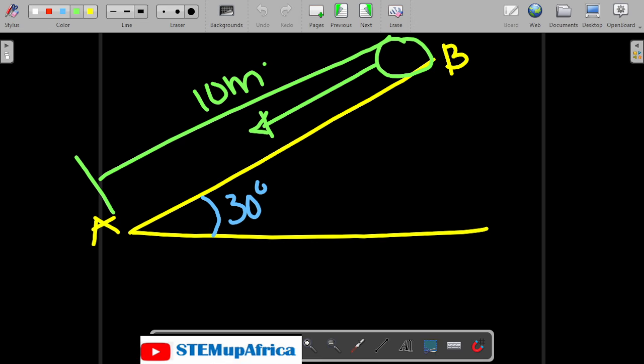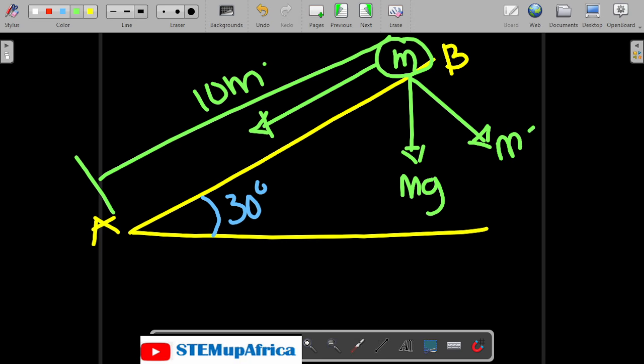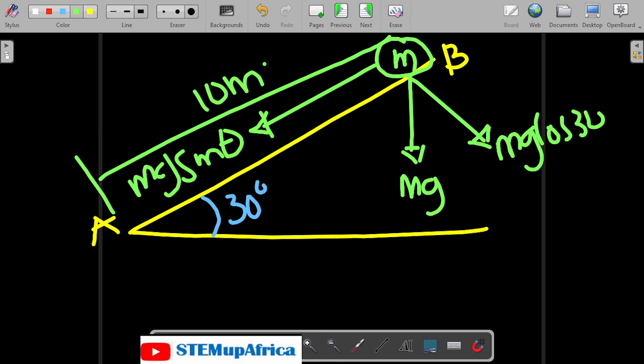Let's say this ball has a mass m, which will give us an mg. Then if I resolve, this will give me mg cos 30, and this will give us mg sine 30. The frictional force will go in this manner.